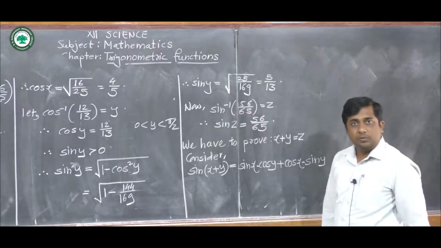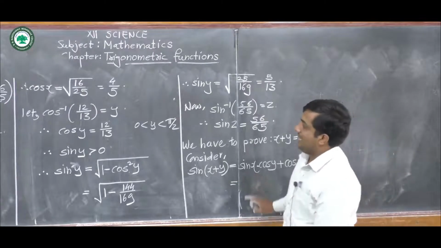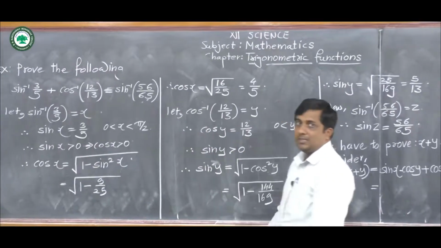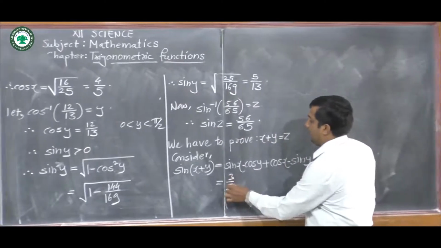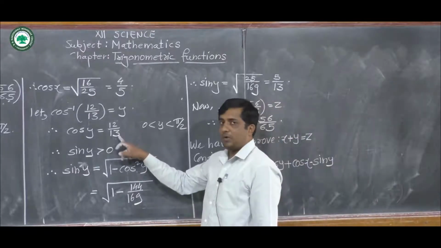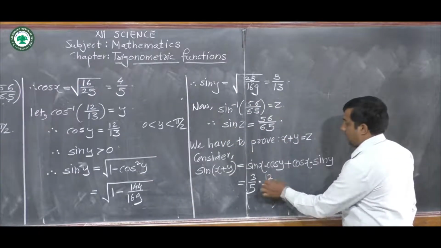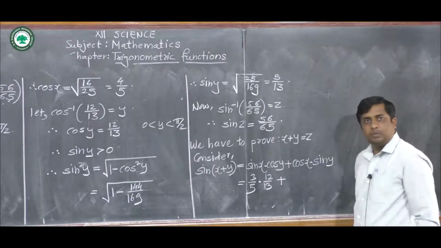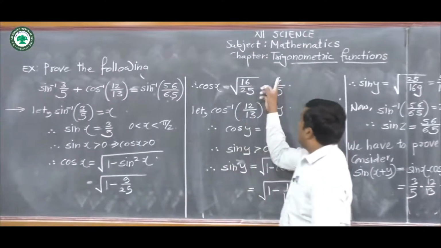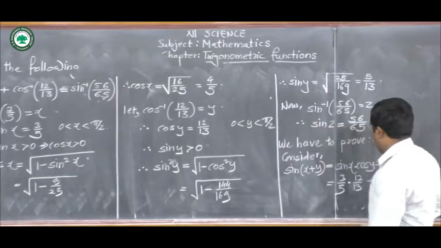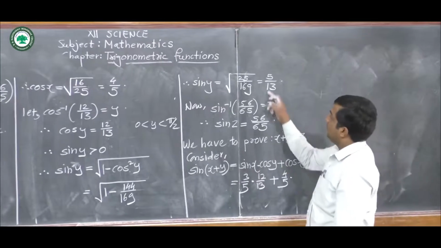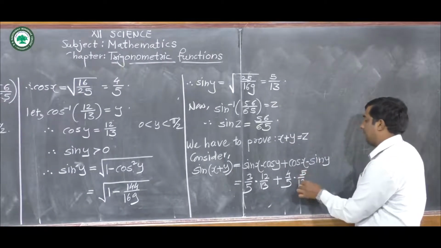This is equal to, here sine x is 3 upon 5, so we replace sine x by 3 by 5 into cos y, which is 12 by 13, plus cos x, which is 4 upon 5, into sin y, which is 5 by 13.